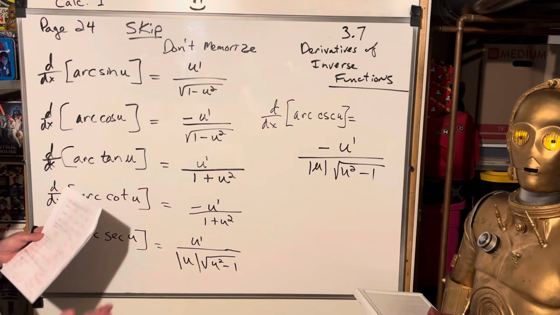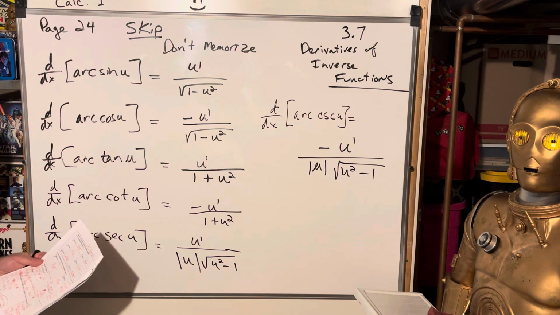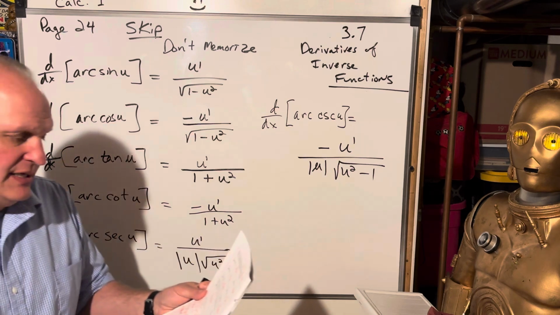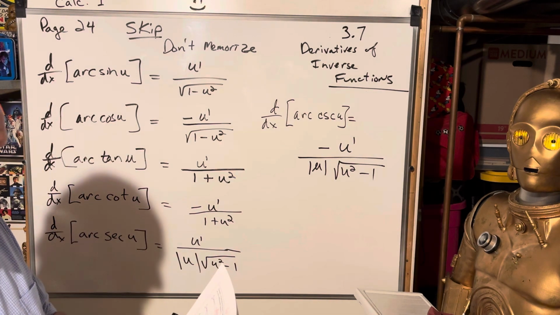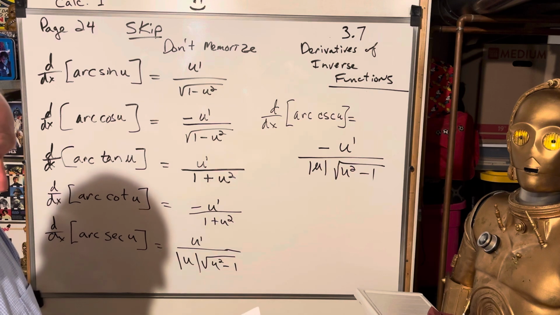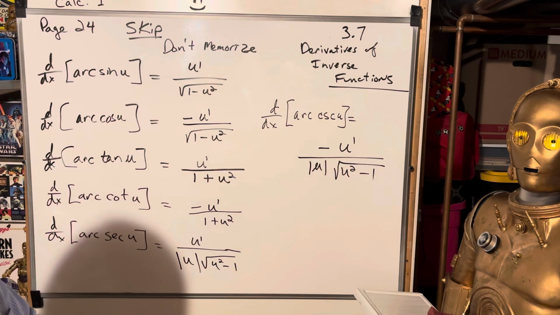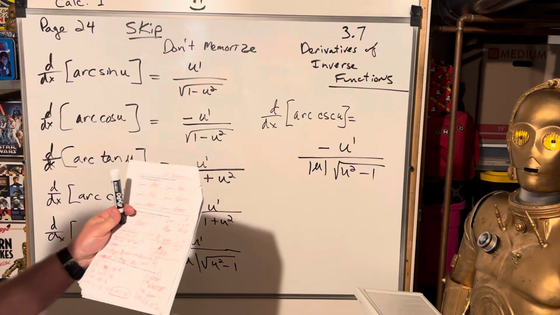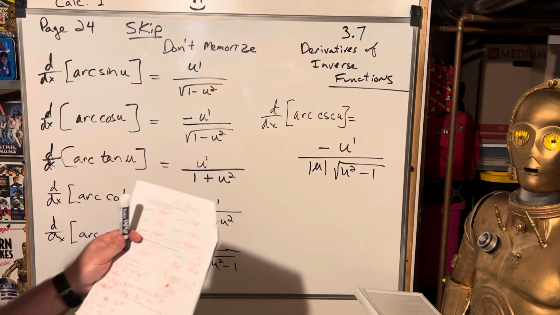So don't memorize those. I mean, you can write them down, and then let's see what these look like in action here. So we'll do a couple of problems on, this is page 25 of the note packet.